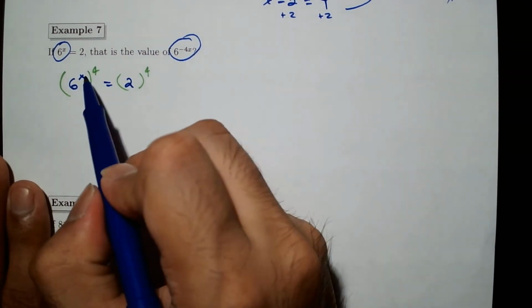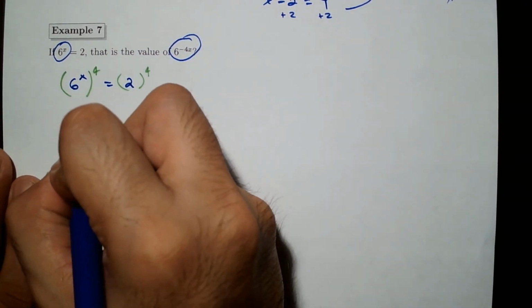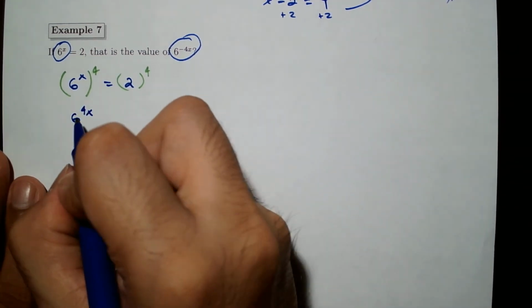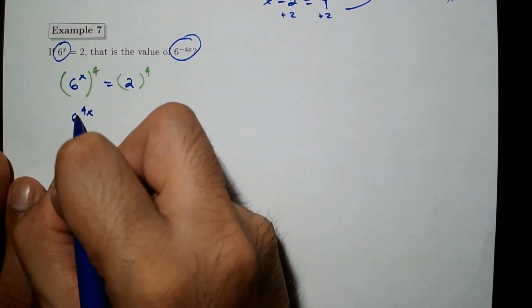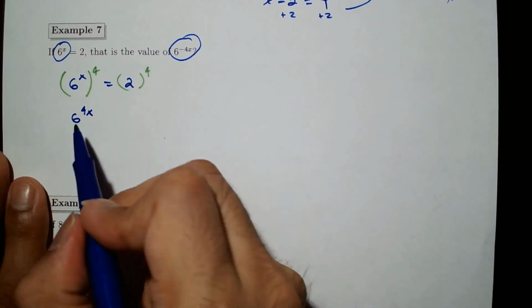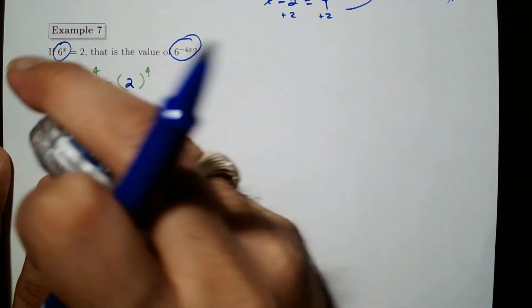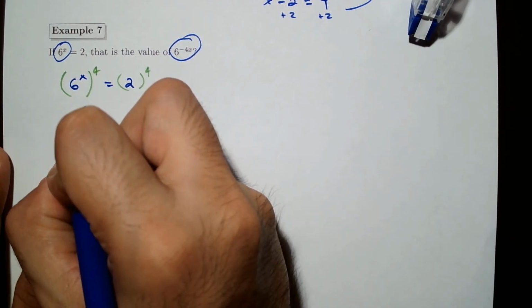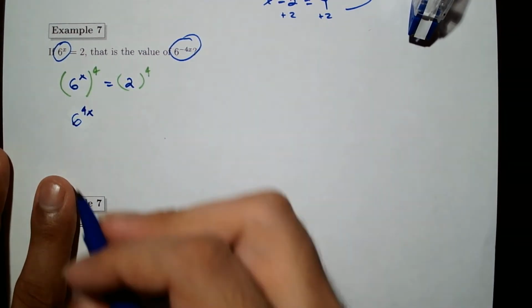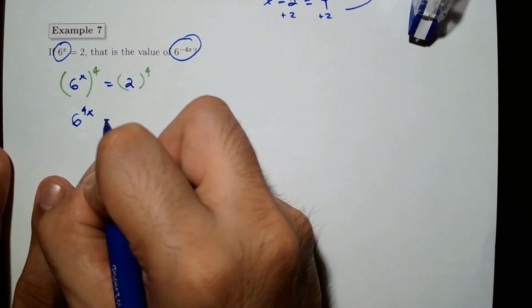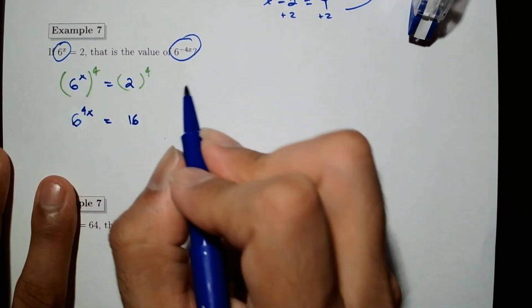So 4 times x, that's going to be 6 to the 4x, not times. Make sure this quantity looks like a power, not like it's multiplying. Let me make this 6 a little bit bigger, so the 4x actually looks like a power. And then 2 to the 4th power, that's a 16.